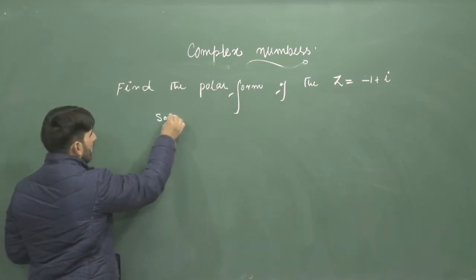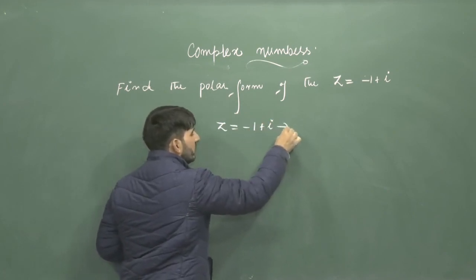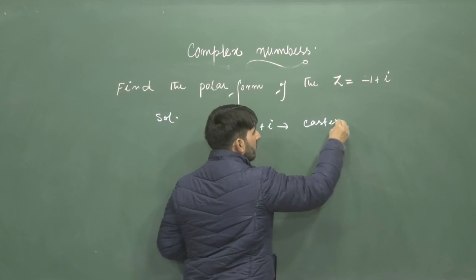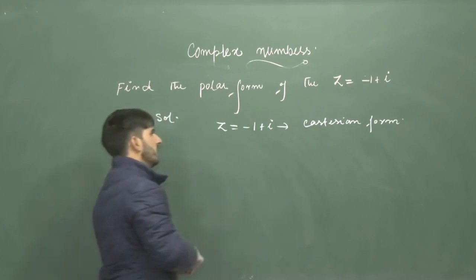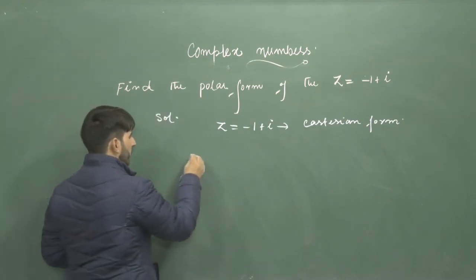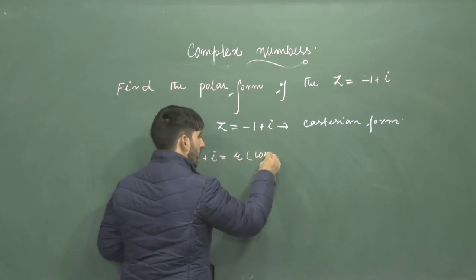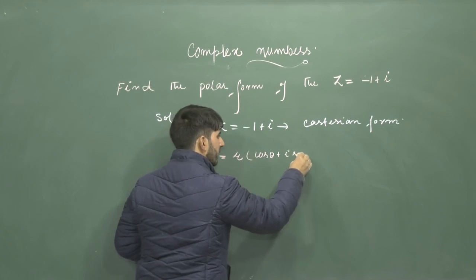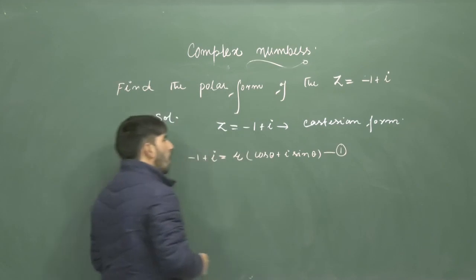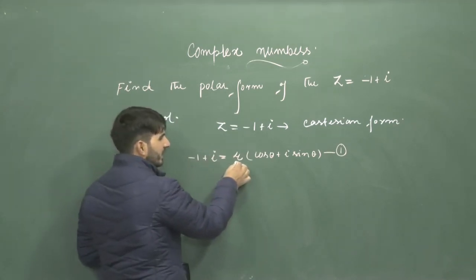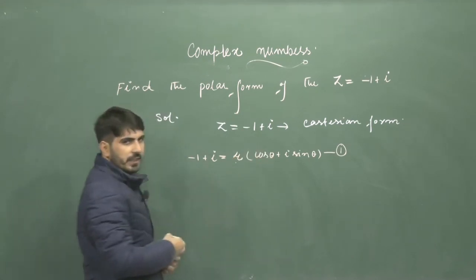Here, we are given the complex number minus 1 plus i. This is known as the Cartesian form. We have to write this in polar form, which means we have to write minus 1 plus i in terms of r cos theta plus i sin theta. Thus, we have to find the value of r, that is nothing but the modulus of the complex number, and the value of theta, that is nothing but the argument.